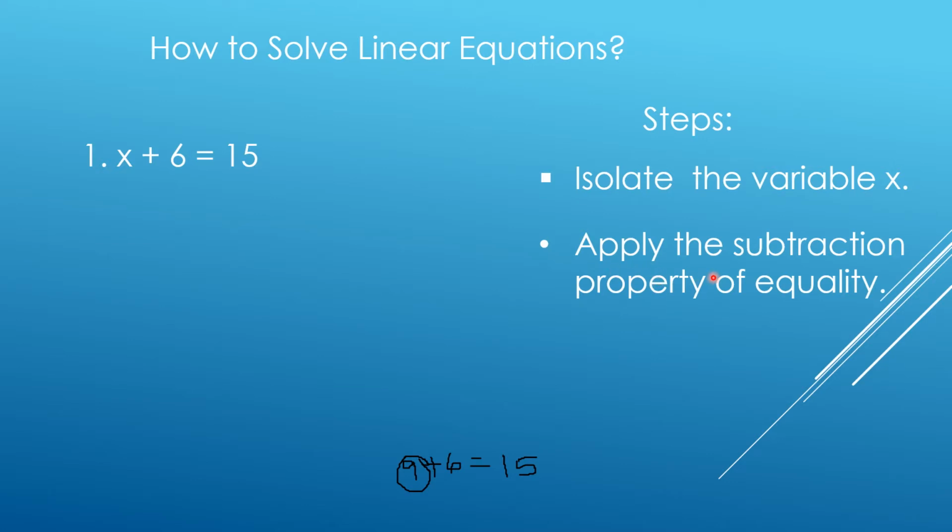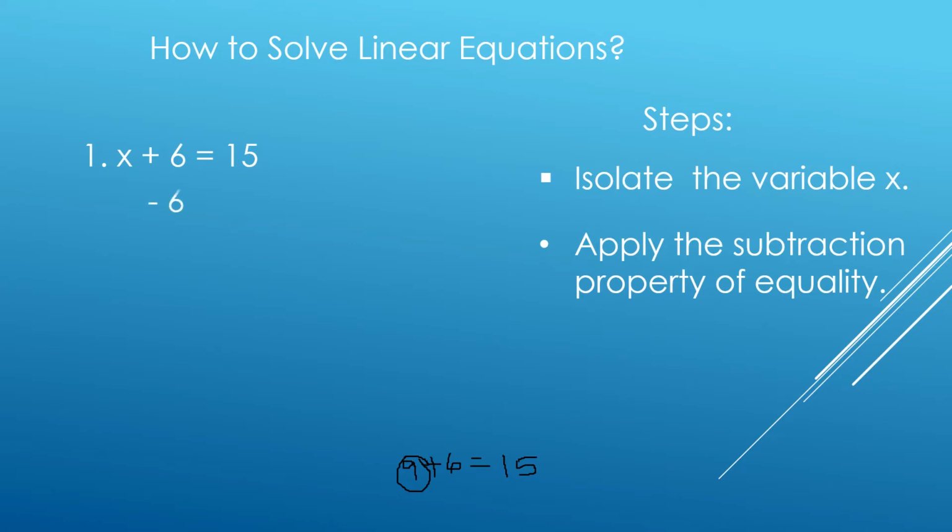Subtraction property of equality means that we are subtracting the same number on both sides of the equation. What number are we going to subtract? You need to check what number is there. This is 6, which means we need to subtract 6.